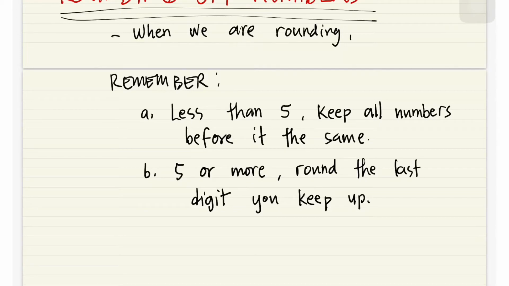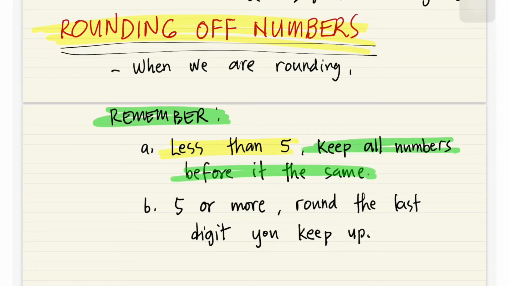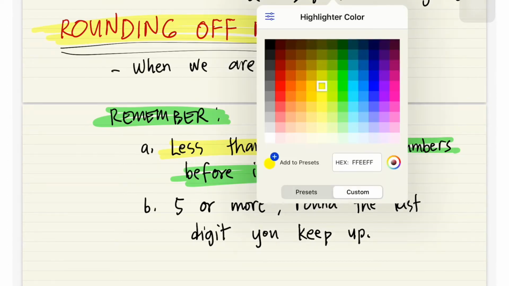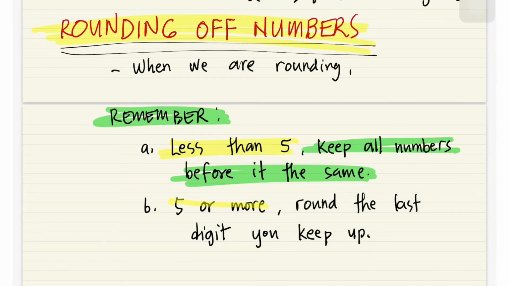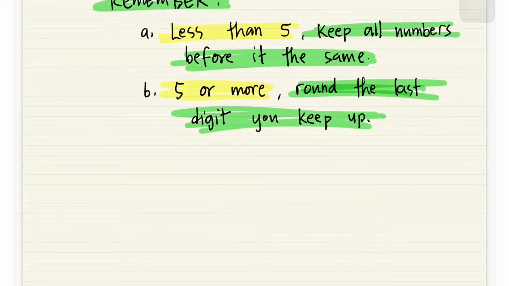Okay, again, when we are trying to round off numbers, remember two things. First, if it's less than 5, keep all numbers before it the same. Second, if the number is 5 or more, round up the last digit you kept.